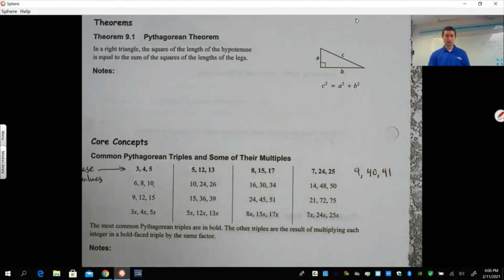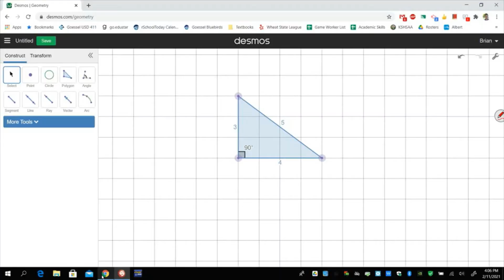Okay, so to show you that, here I have this triangle. I have a side length of 3, a side length of 4. I measured across on the hypotenuse, and it was 5. So 3, 4, 5 will always form a right triangle. I can go down to 6 on that one, 8 on that one, and you see the 6, 8, 10. Okay, so 6 squared plus 8 squared, the square root of that is going to be 10. 8, 15, 17.